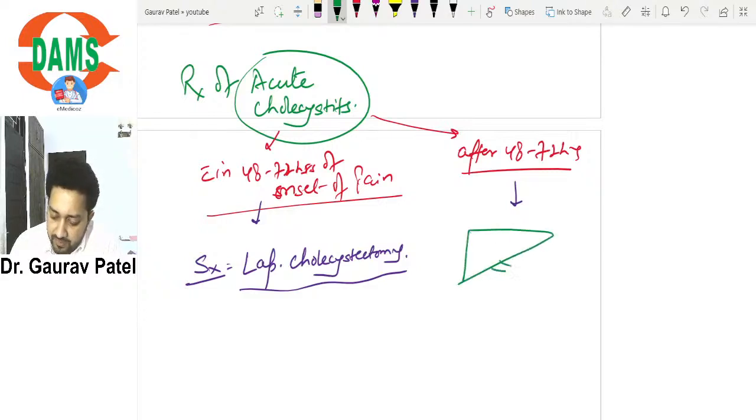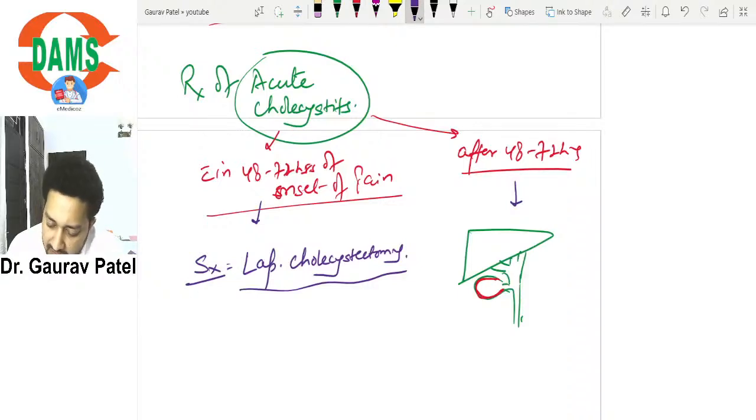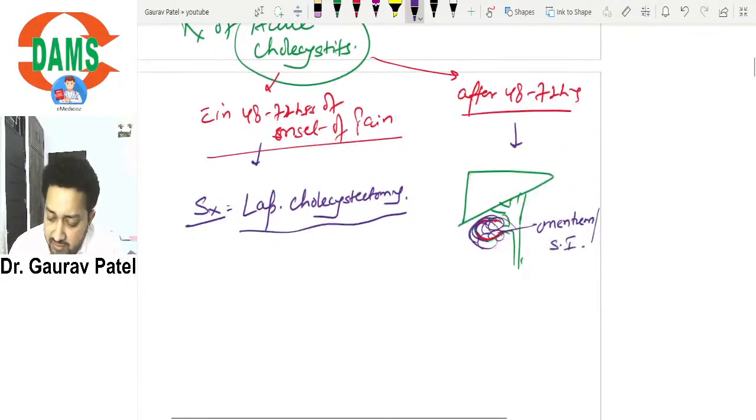Suppose this is the gallbladder which is inflamed. In this 48 to 72 hours, the omentum will come to this part, the intestine will come, and it will form a kind of phlegmon or mass. Now if you want to go for surgery, it will be a very difficult surgery. In fact, you might cause injury to something.